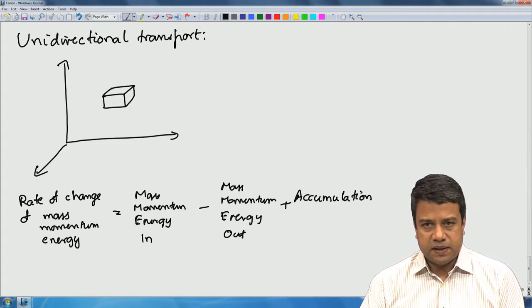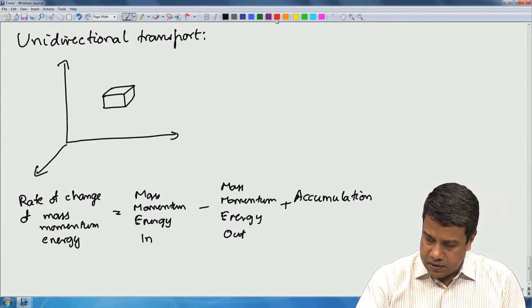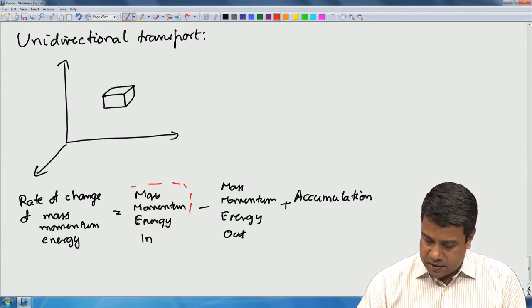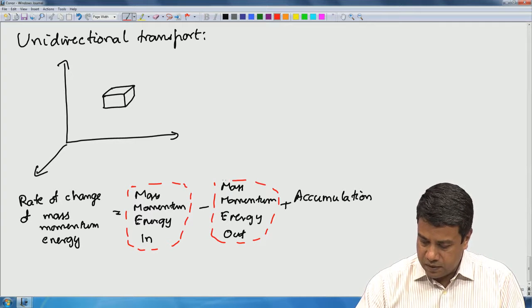That is going to be the basic balance, and for these two terms, what comes in and what goes out can be either due to convection or due to diffusion.